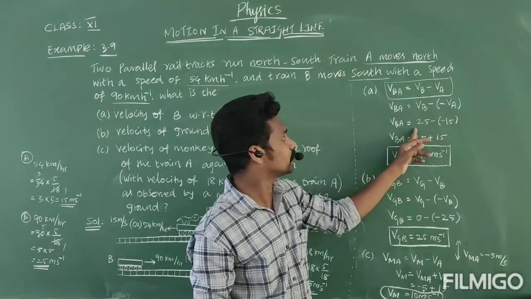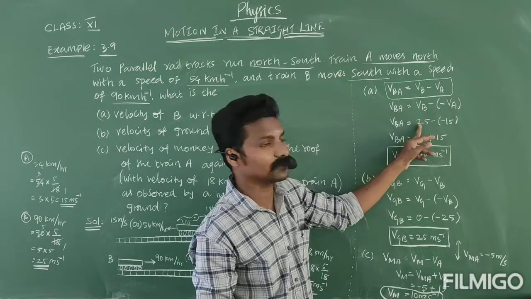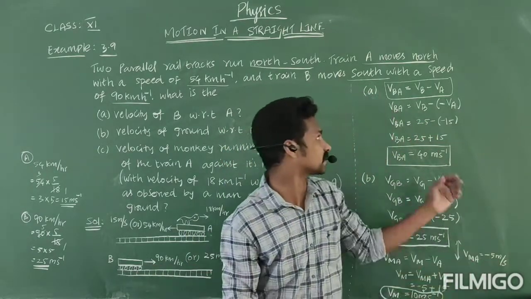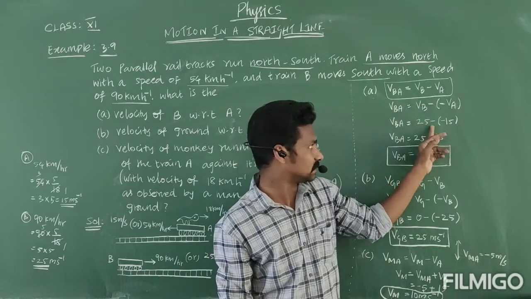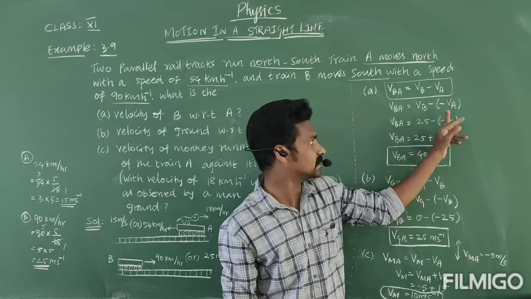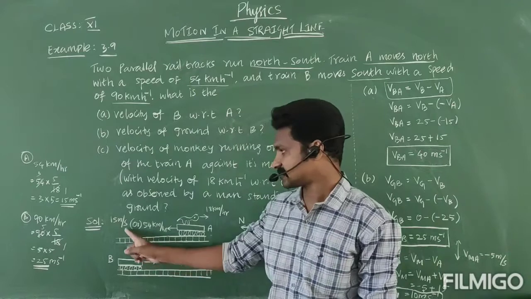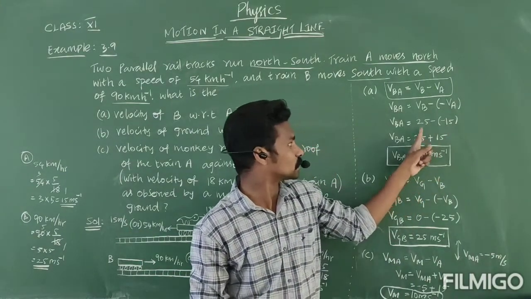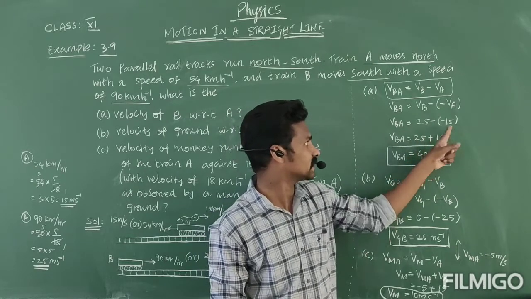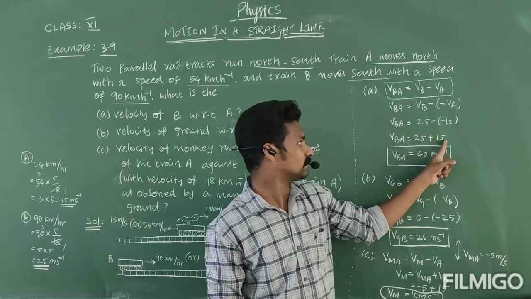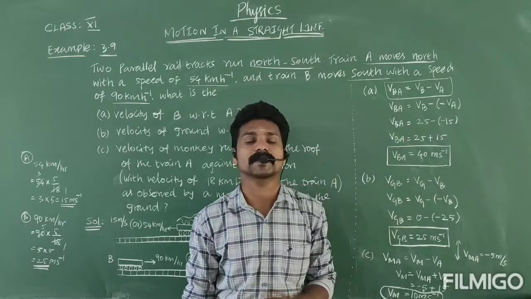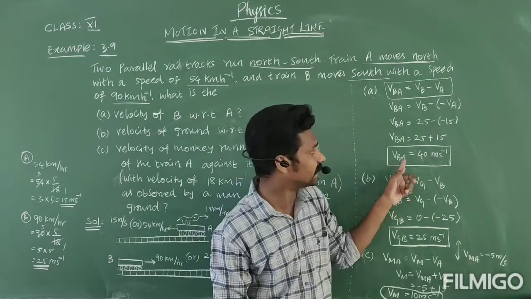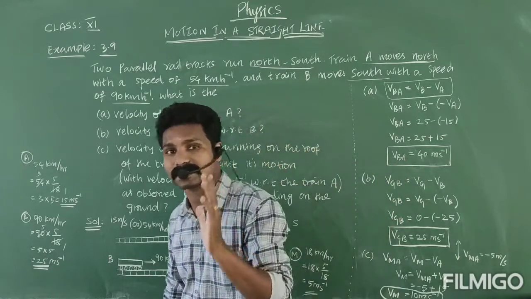In the next step, what is the VB value? VB value is 25 meter per second. Then minus of minus. Velocity of train A is 15 meter per second. So 25 minus of minus is plus 15. 25 plus 15, that is 40 meter per second.